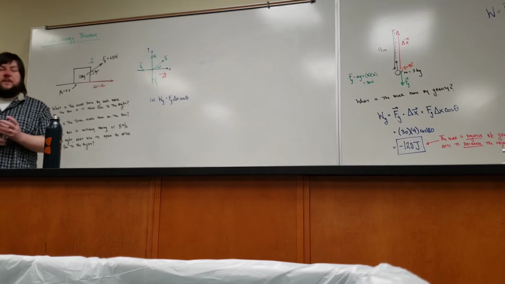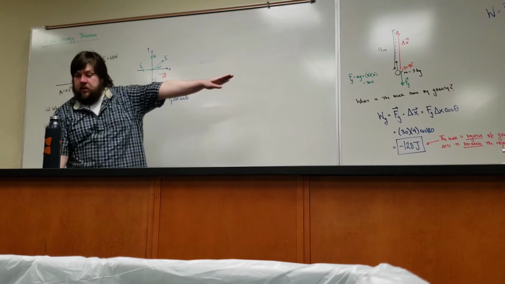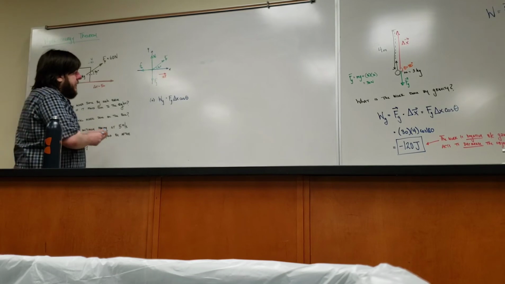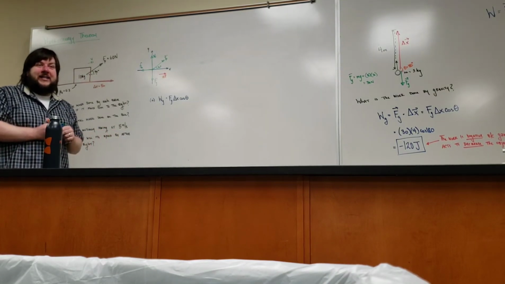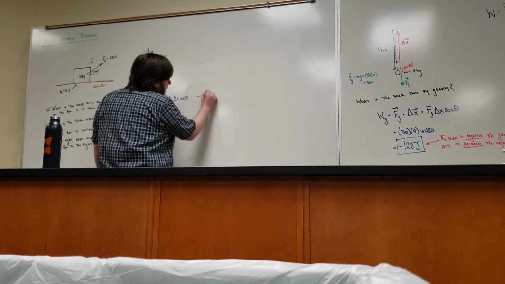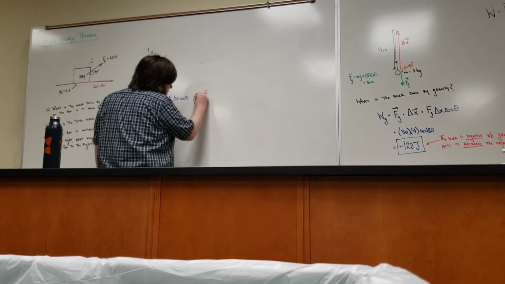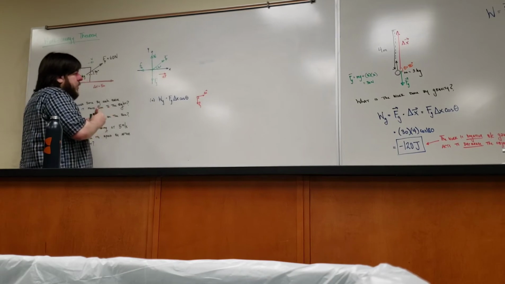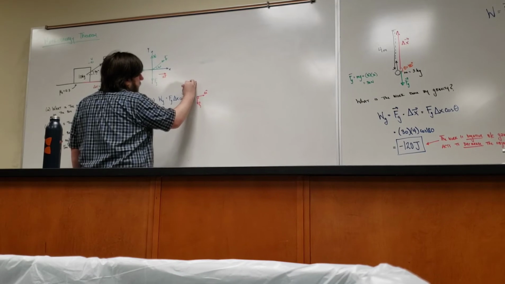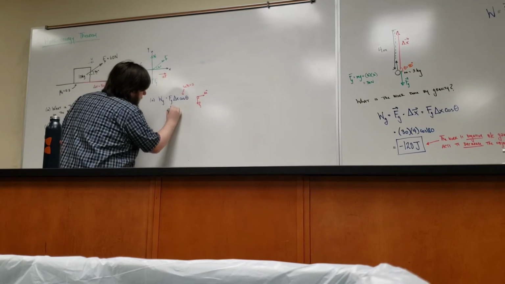The displacement, delta x, is to the right. The force of gravity is down, and that's a 90-degree angle. What's cosine of 90? 0. So the work done by gravity is 0.